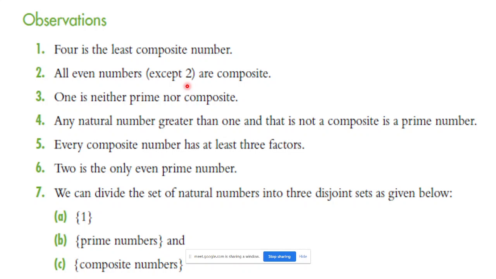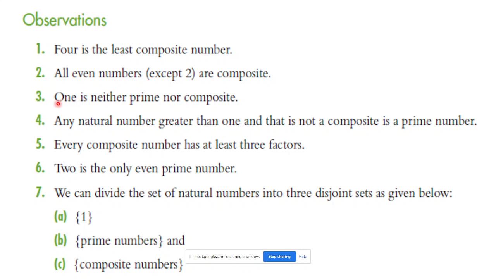It is a prime number. Please remember these points, my dear children. In examination, they will ask you which of the following numbers is a prime number, or which of the following numbers is a composite number. Like this, they will give some options. You have to identify which numbers are prime numbers and which numbers are composite numbers.